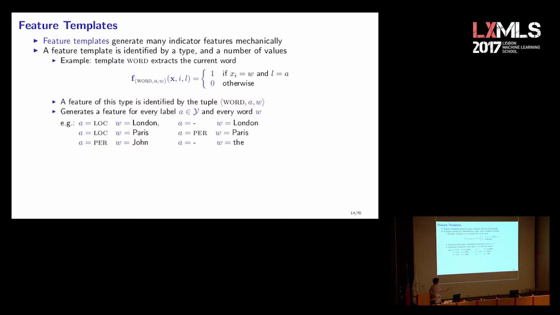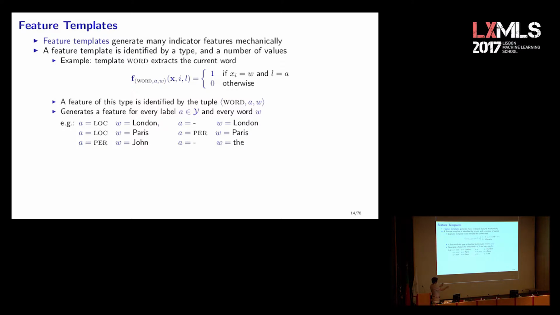If I instantiate this with different labels in my label space and different words in my vocabulary, I'm going to get lots of features. For example, if A is location and W is London, the dimension associated with this extracts whether the current word is London and the current label is location.